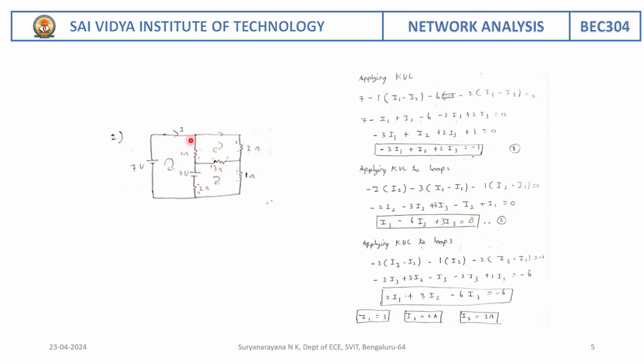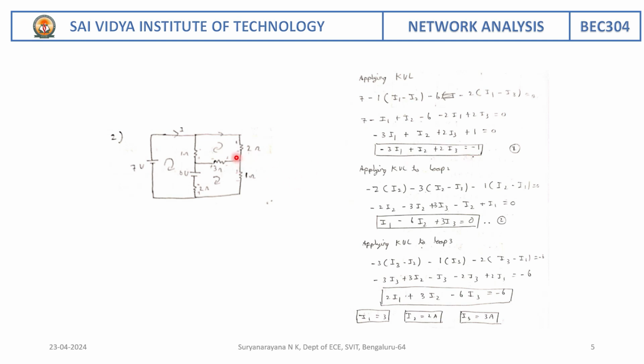In the direction of current, therefore minus 1, and two currents are flowing here, I1 and I2 in opposite direction. Therefore I1 minus I2, minus 6 because I am moving from positive to negative, therefore minus 6, minus 2 into I1 minus I2 is equal to 0. On simplifying, I am going to get this equation.